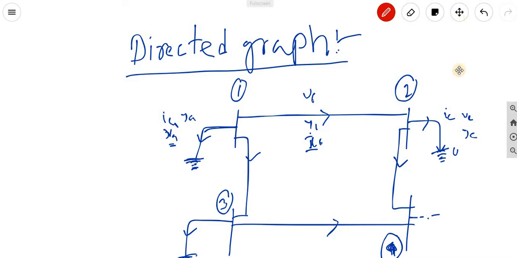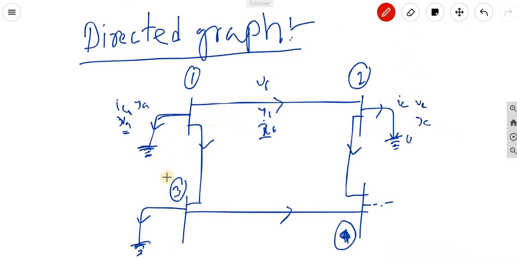So I take an arbitrary direction, with arrows in this way for each branch. After giving directions, we have to put the bus voltages V1, V2, V3, V4, as we did in the last lecture for the direct inspection method.